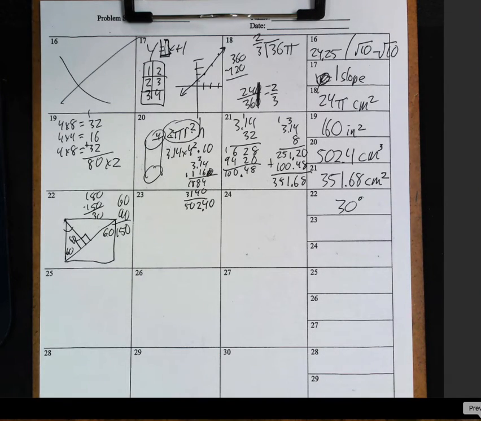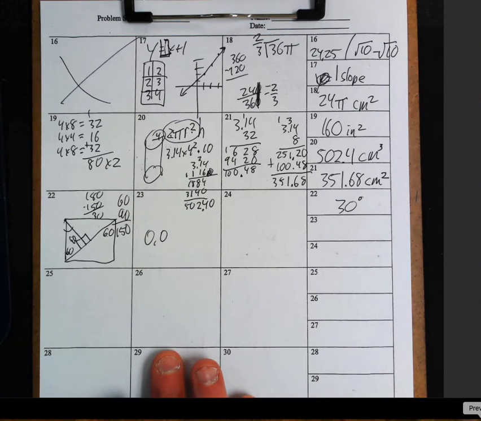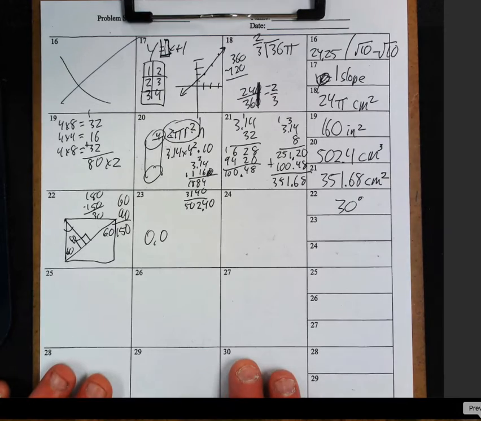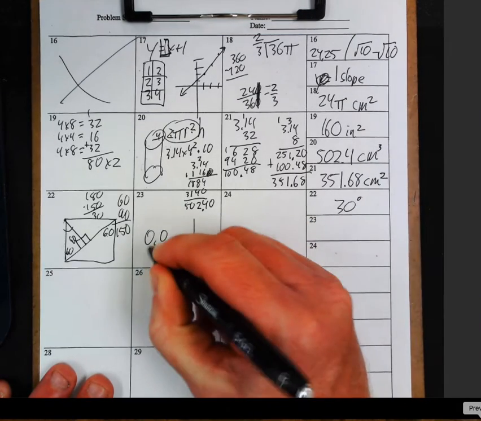Number 23, find the slope of the line. I love it. It crosses the origin. That would be at 0, 0, right? Yep. Where else does it cross at a perfect box? 1 and positive 2.